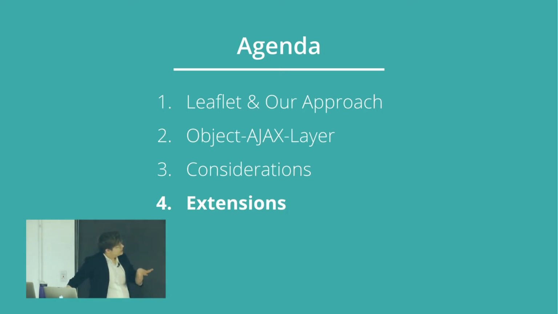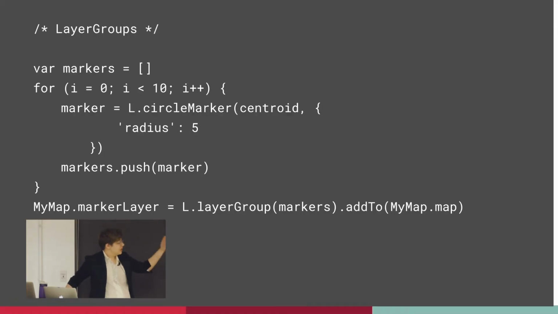So Leaflet has this thing called circle markers, which is a type of marker object. And each one of those is a layer. You make a layer group of all of them, and then you add those to the map. And then it's also very simple. You add the layer group, remove the layer group. It's the same thing.